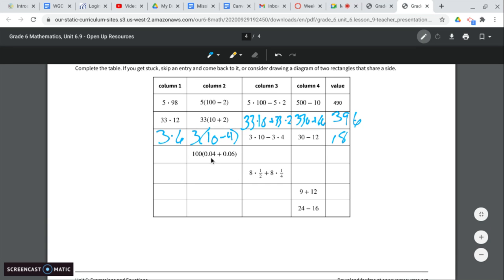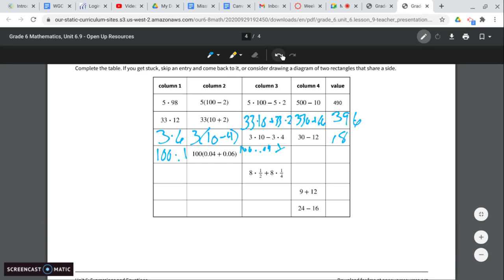All right, our next one, we have 100 times (0.04 plus 0.06). If we add 0.04 and 0.06 together, we're going to get 0.1. So we're taking 100 times 0.1. So here in the expanded, we're going to have 100 times 0.04 plus, oops, that's supposed to be a plus.